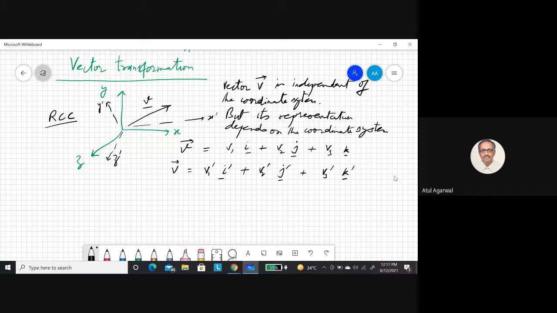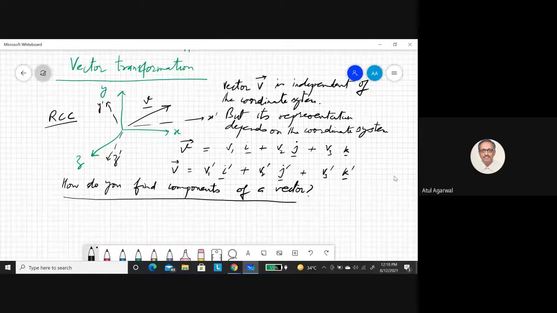So their components will also be different. How do you find components of a vector?